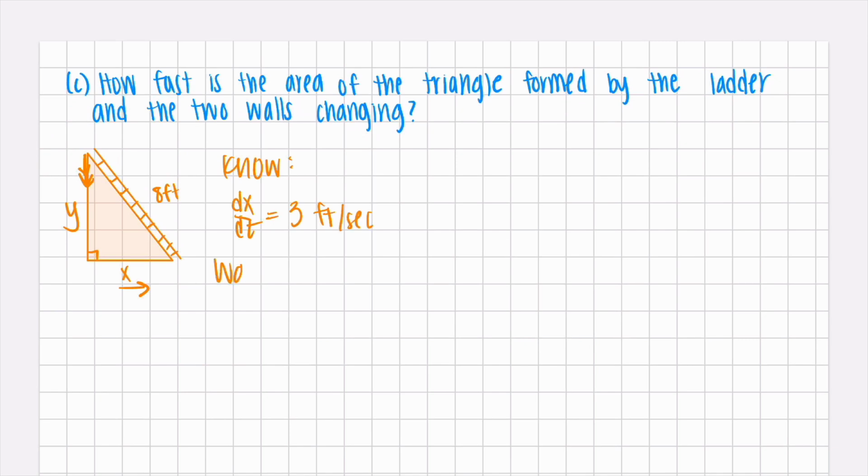And now we want the change in area, so dA/dt, at that same moment when x equals 5 feet. So let's do an area of a triangle. Area is x times y times 1/2.